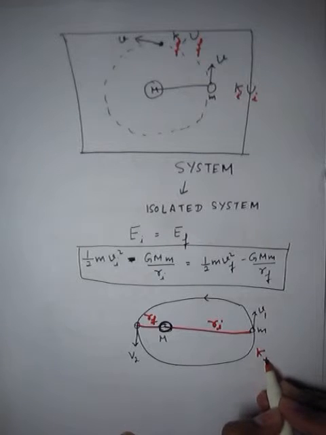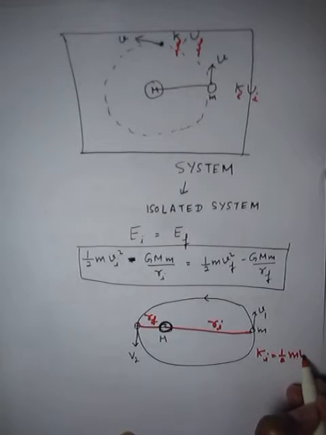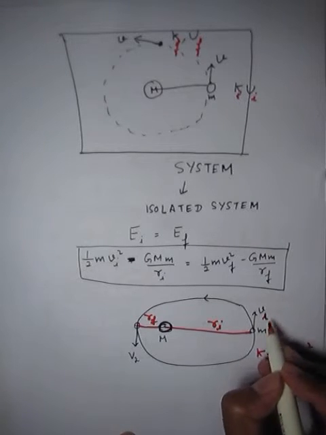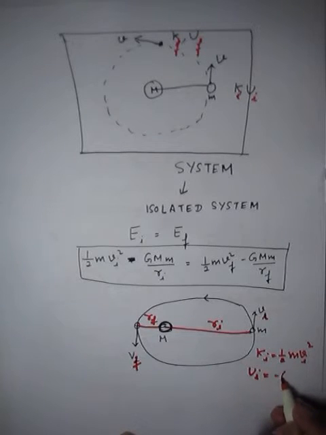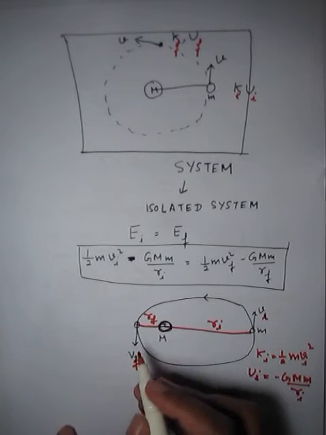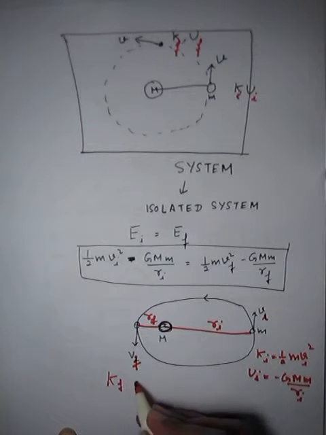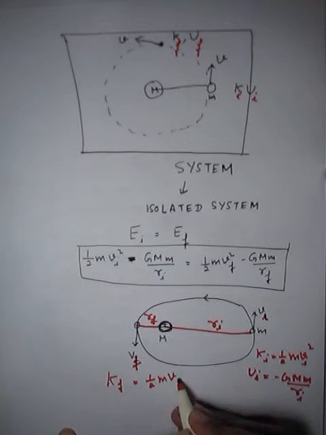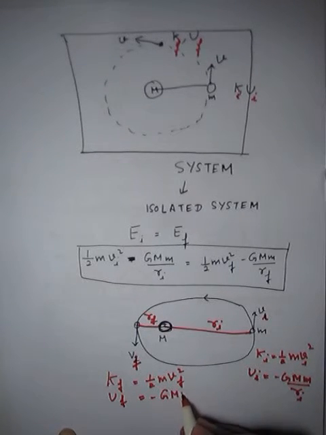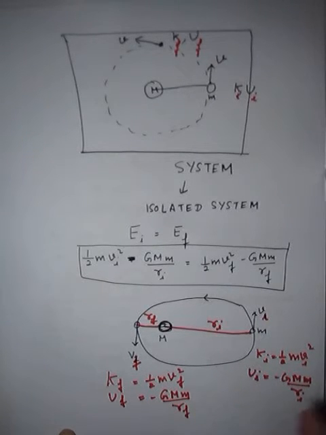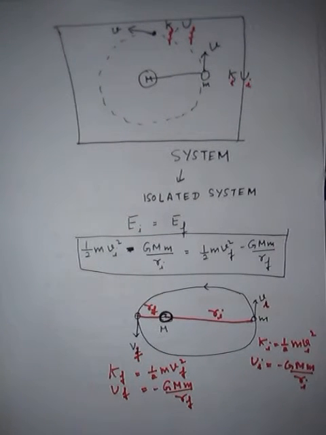So the kinetic energy initial will be 1 upon 2 m Vi squared, and potential energy initial will be minus capital G capital M small m upon Ri, and finally kinetic energy final will be 1 upon 2 m Vf squared, and potential energy final will be equal to minus capital G capital M small m upon Rf. So we can use energy conservation irrespective of the fact that it is a circular motion or not.